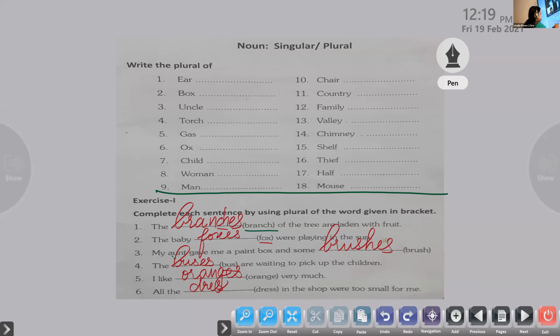It ends with 2 S's. So what do we have to do, Ivan, to make it into plural? Add ES. Yes, very good. Add ES at the end of the word to make it plural.